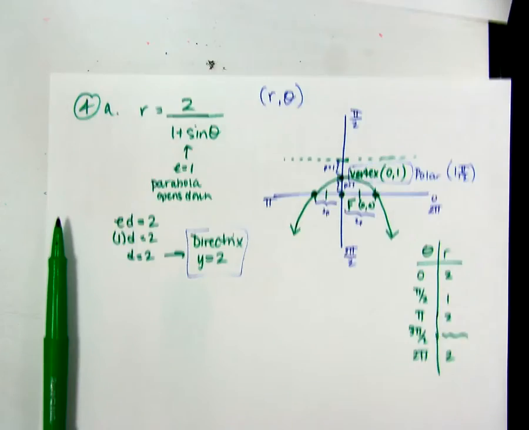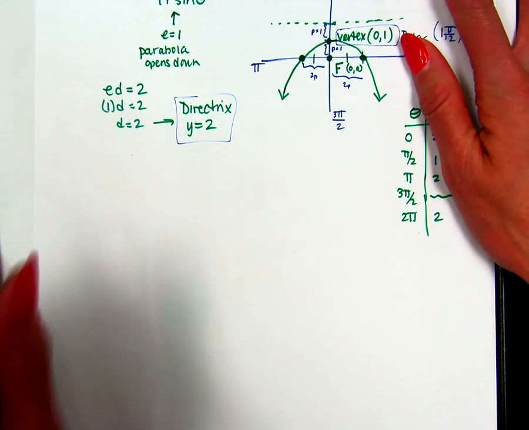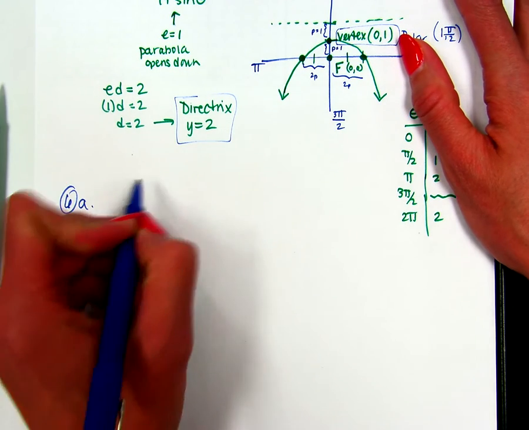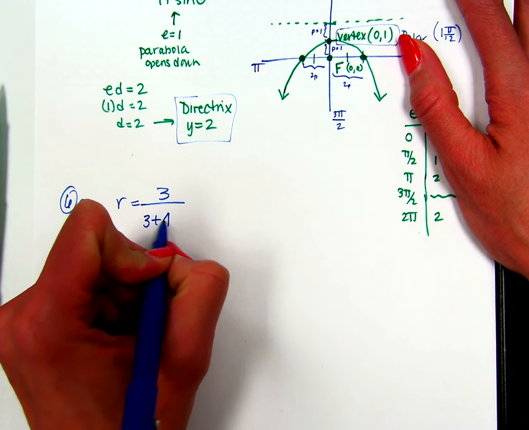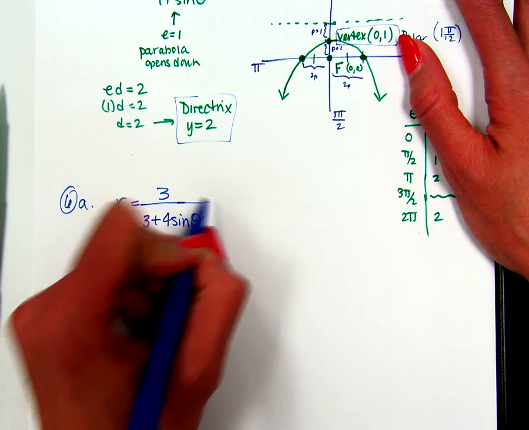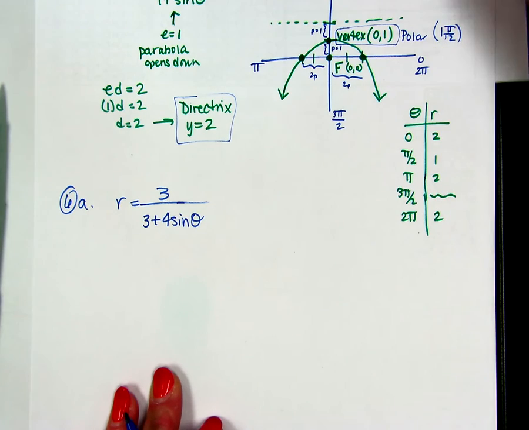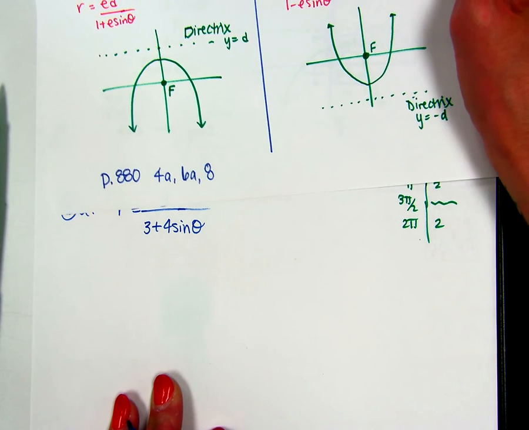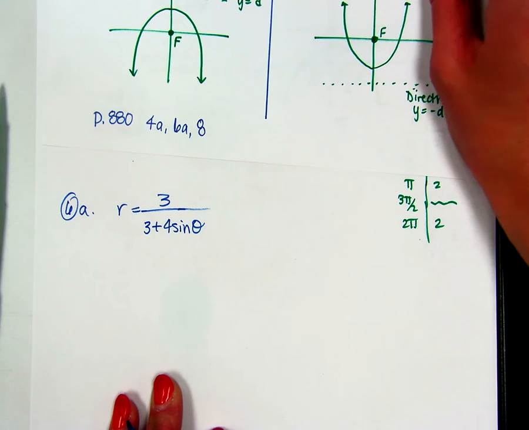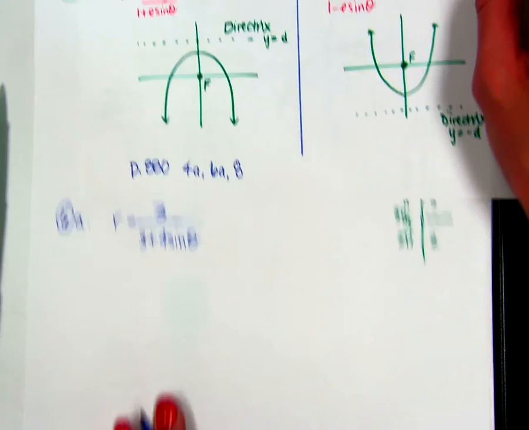All right, next problem, we have 6a. That gives us r equals 3 over 3 plus 4 sine theta. All right, so we can match up which equation it is. It's this one. Again, same one.